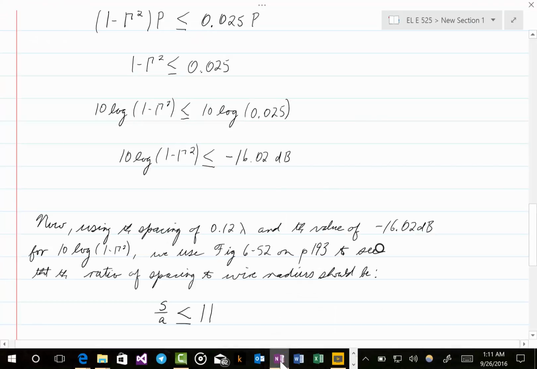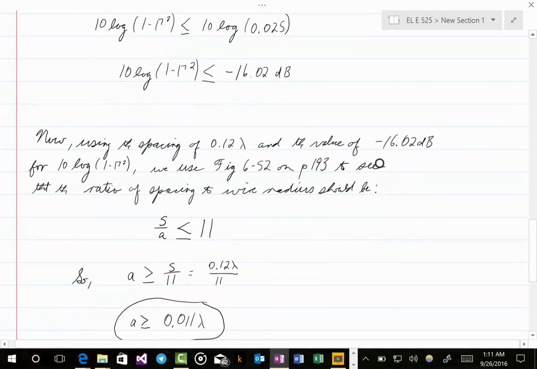And it's just that simple to use that figure, 6.5-2. And so it says here, we use this to see that the ratio of spacing to wire radius, S over A, should be less than or equal to 11. And the reason for the less than or equal to is because of this less than or equal to.